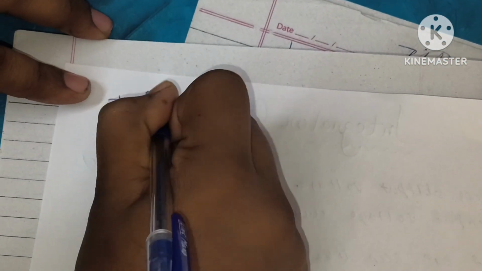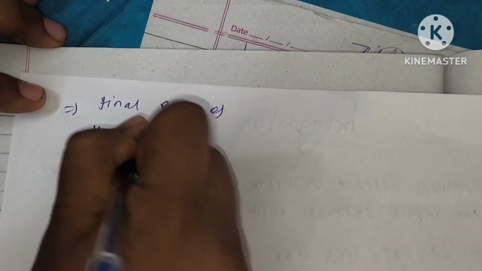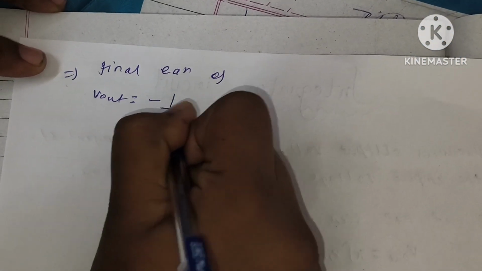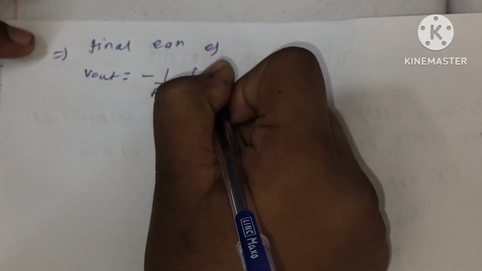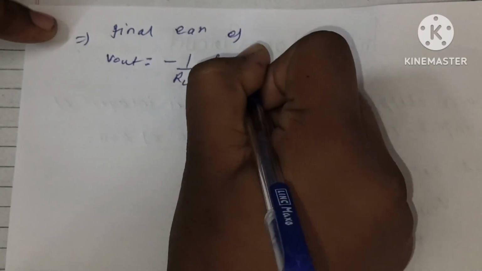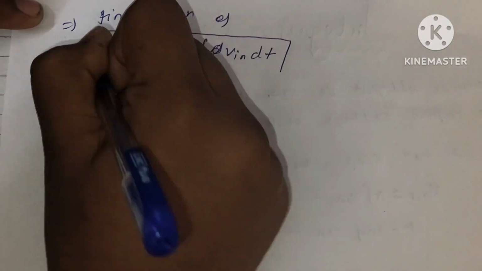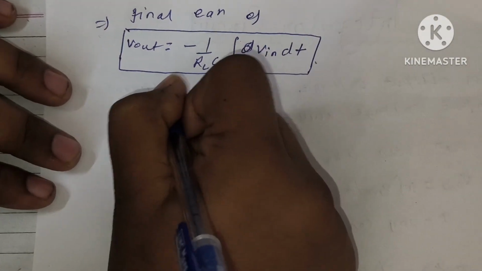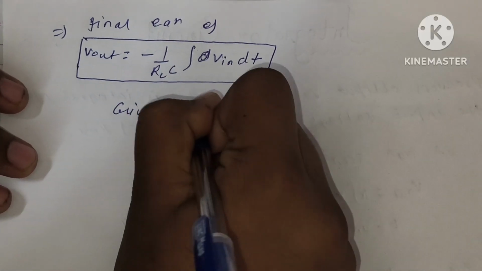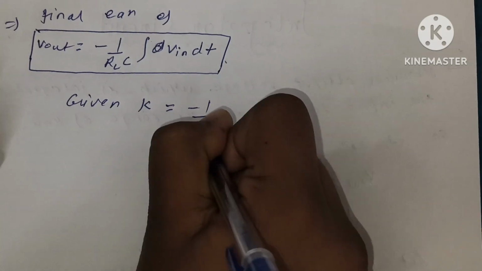So the final equation is V out equal to minus 1 by RL C times the integral of V in with respect to dt. As we earlier gave a constant K, K is equal to minus 1 by RL C.